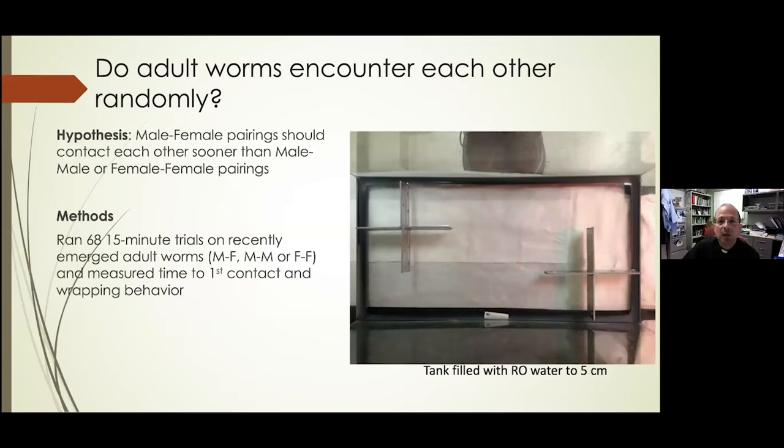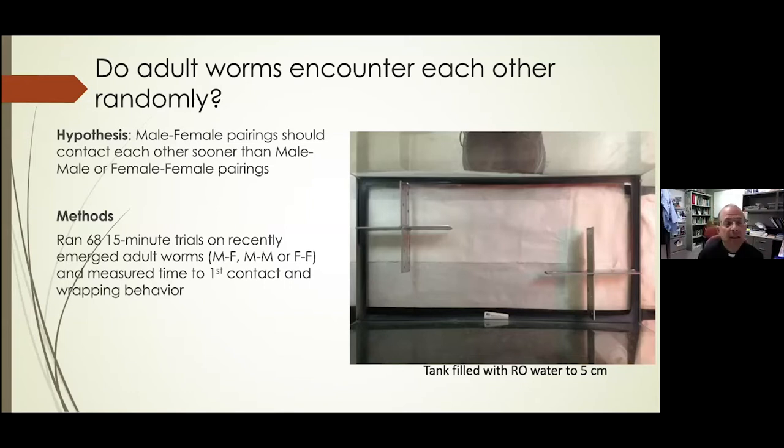To test this idea, we had a little aquarium, we filled it up with some water, and we said, if I took a male worm and a female worm and put them in the same tank, they should encounter each other much sooner than if I put a male worm in with another male worm, or a female worm with another female.